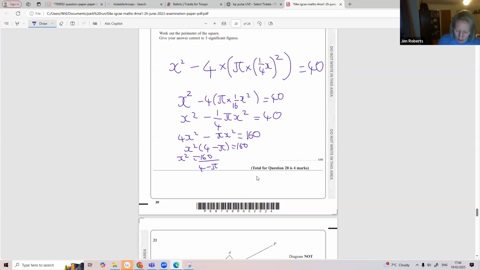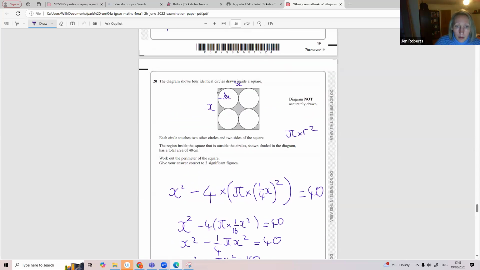And I'm going to square root it. So 160 over bracket 4 minus pi gives you 186.391. I'm going to square root it though to get x. 13.652.